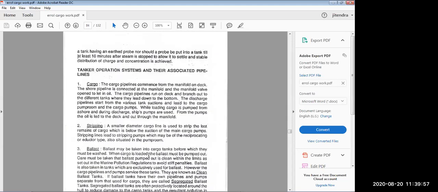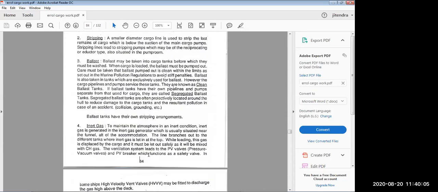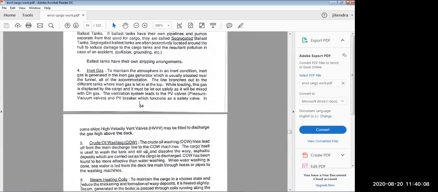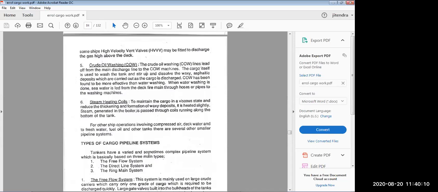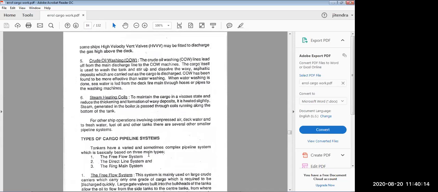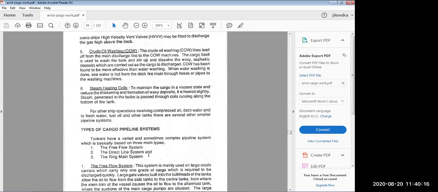Gas freeing is done by steamers, maybe. Then you have cargo pipelines, stripping pipelines, ballast pipelines, inert gas pipelines, crude oil washing lines, steam heating lines to keep the oils in viscous state.